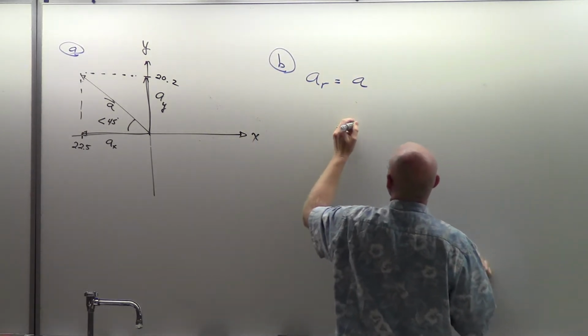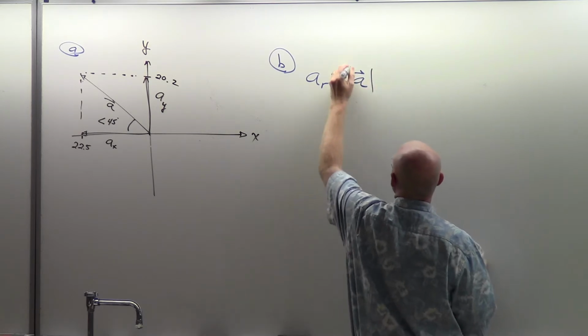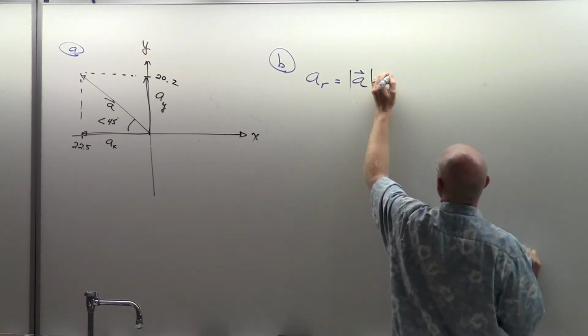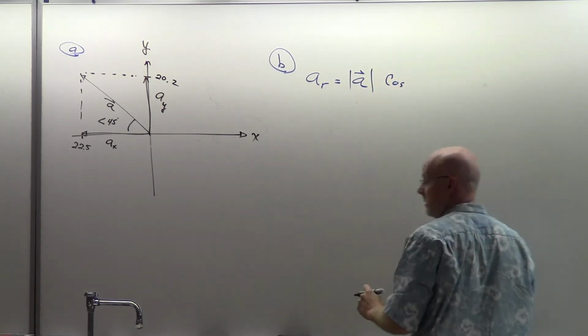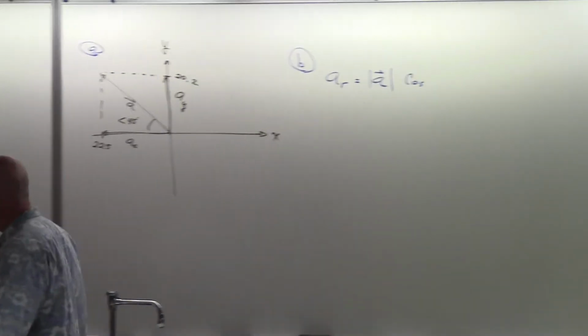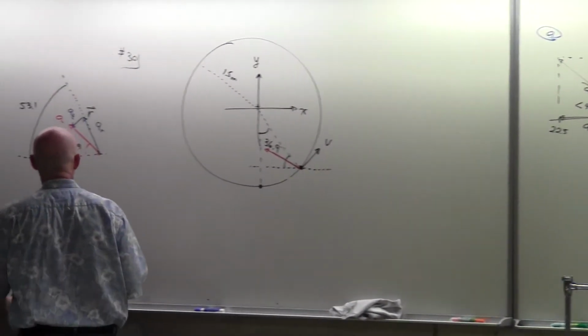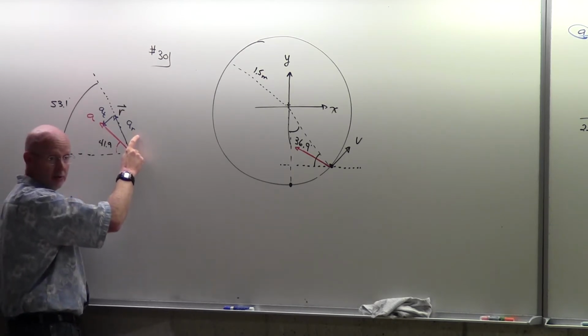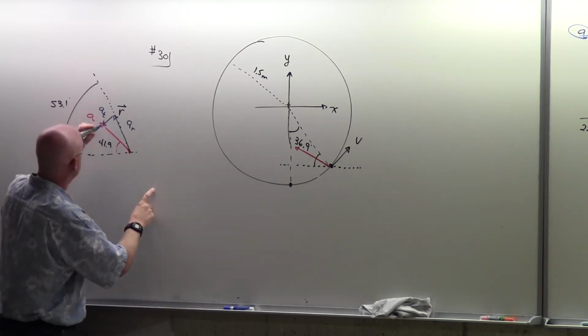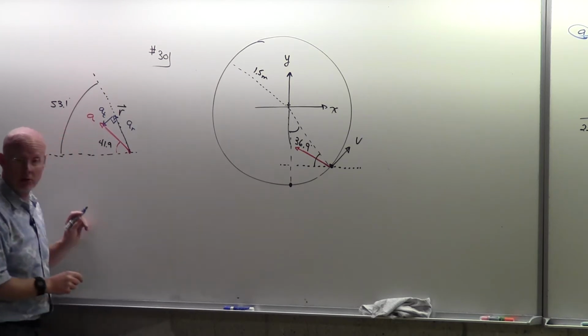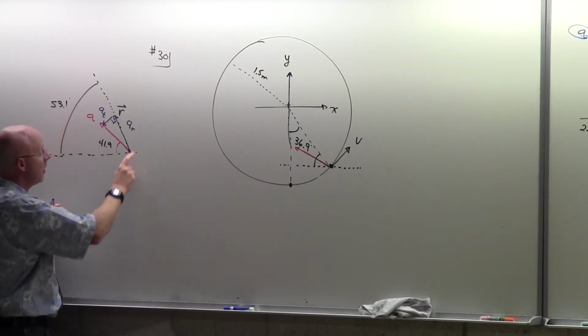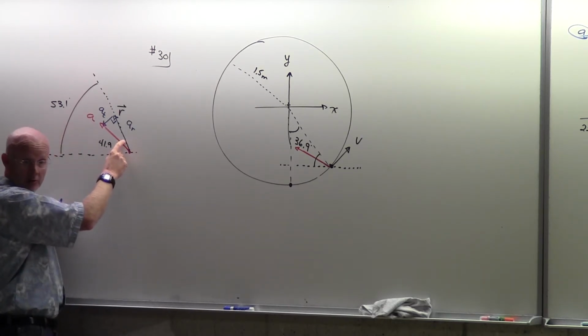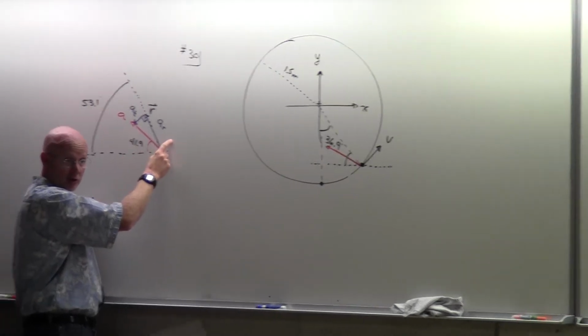The radial component would be the magnitude of the acceleration vector multiplied by cosine. Do you see it here in this picture? How do I get the radial component? There's my right triangle. Wouldn't I want cosine of that angle? So I'd want that magnitude multiplied by cosine of that, right?